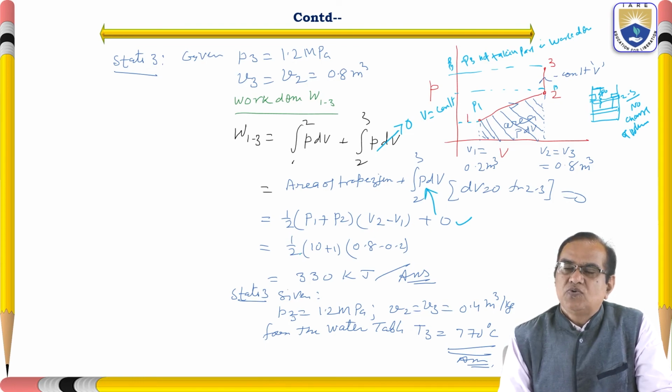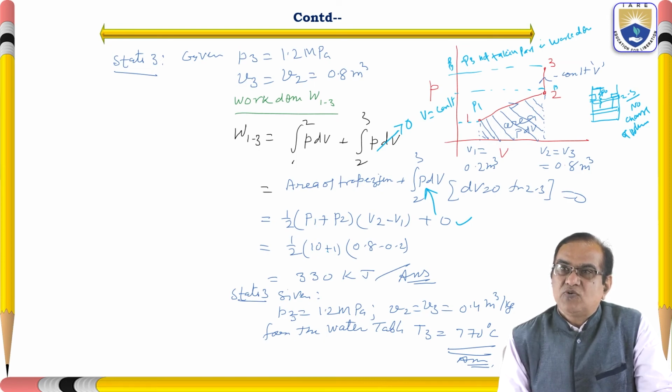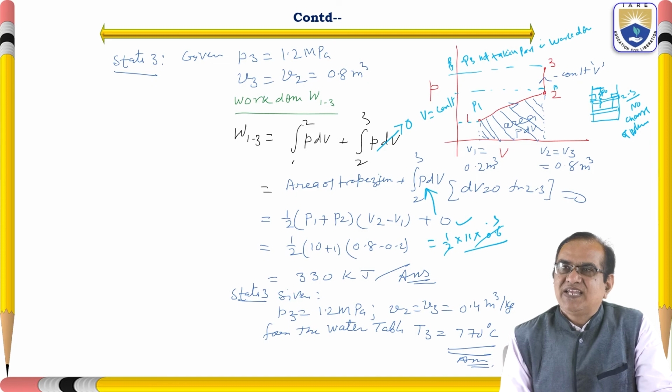So 1 by 2, P1 is 100 kilopascal, P2 is 1 megapascal, and V2 minus V1 is 0.8 minus 0.2. So you will get 1 by 2 into 1100 into 0.6, and you will get 330 kilojoule.